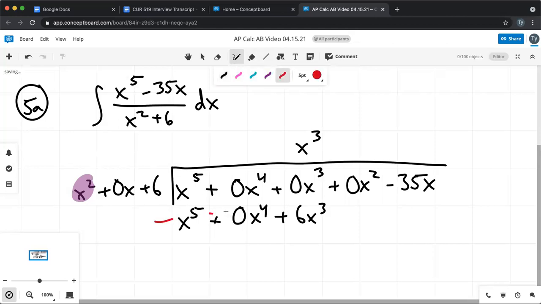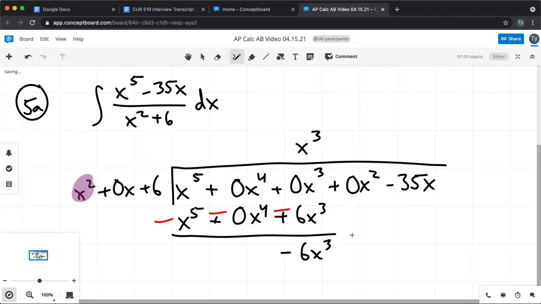So we basically end up flipping the signs of all those terms. And when we do that, we see that our x to the 5th terms cancel out. That was the point. That's why we said, hey, what can I do to get x squared to be x to the 5th? That's why we put x cubed in the first place. So this is 0, this is 0, and then we have negative 6x cubed here.